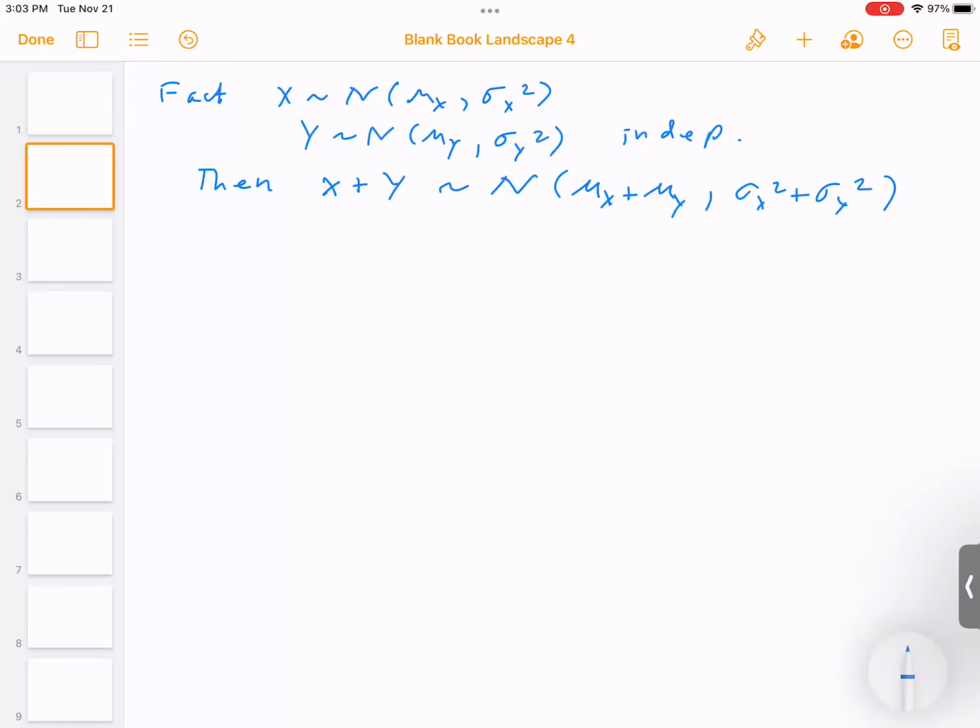Okay, this also follows from this. If X i is normal with mean mu i and variance sigma i squared, independent, then the sum, we just add them up.